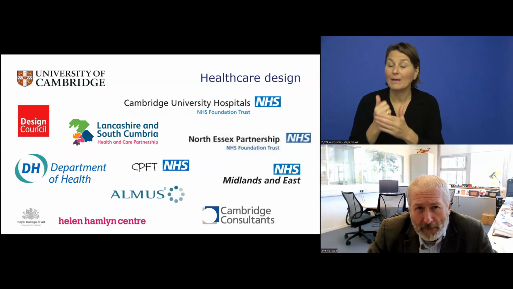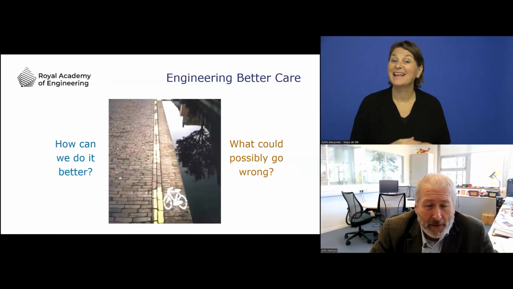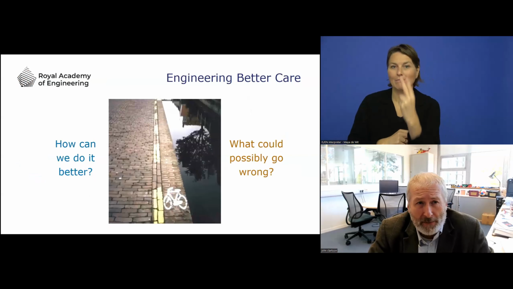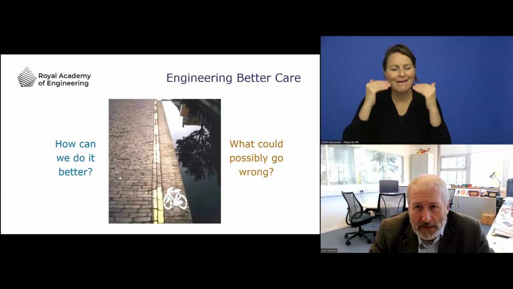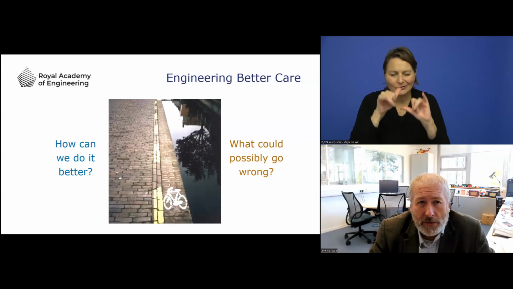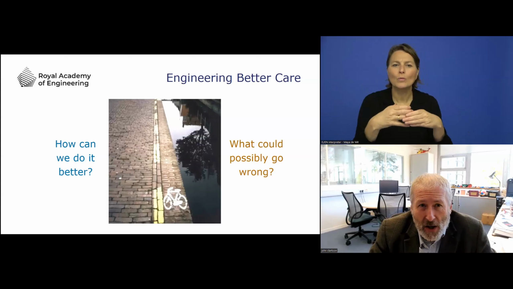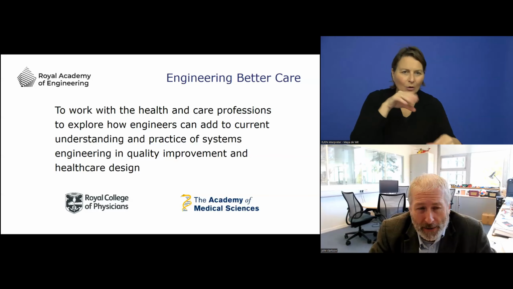And then the opportunity came to bring these two questions back together. So the Royal Academy of Engineering in the UK asked me to chair a working group to ask, how do we understand what a good approach to design or improvement in healthcare might look like?